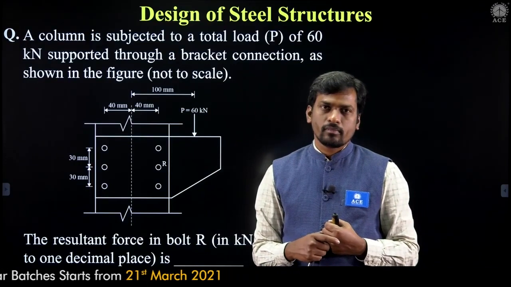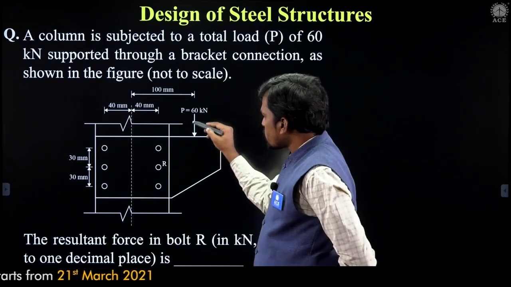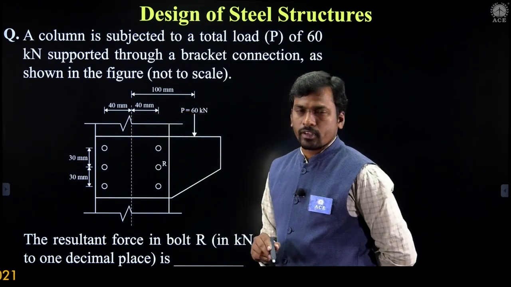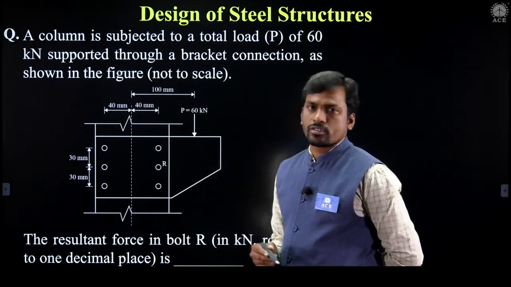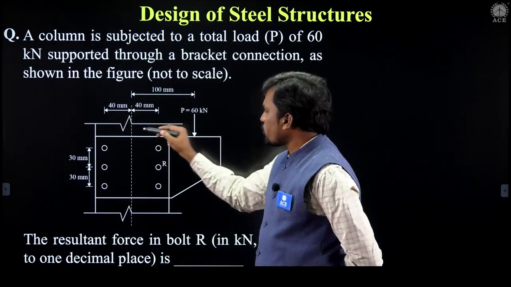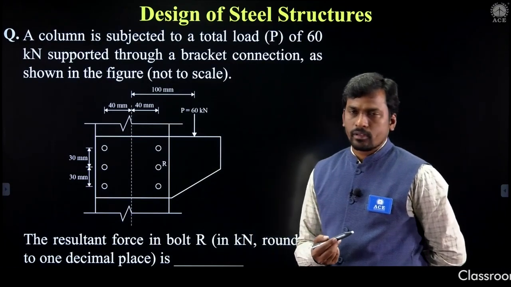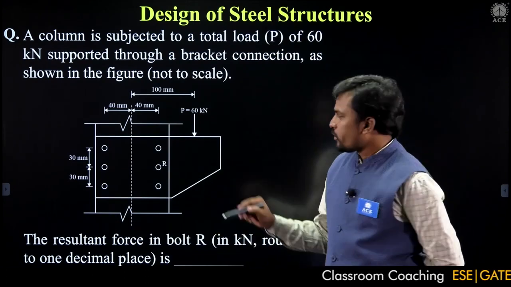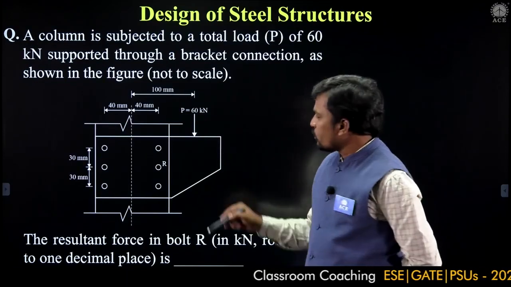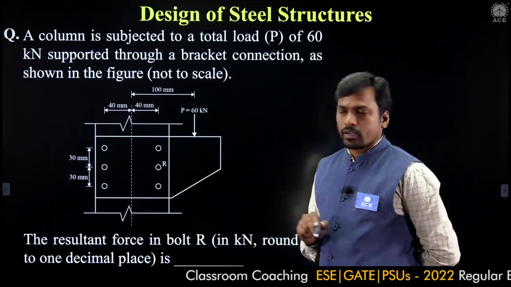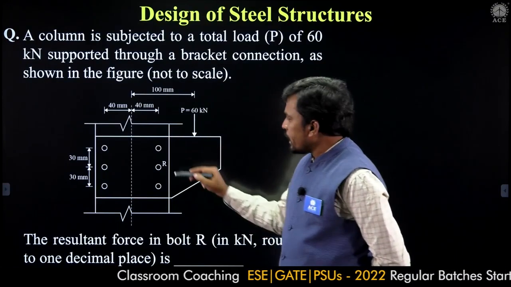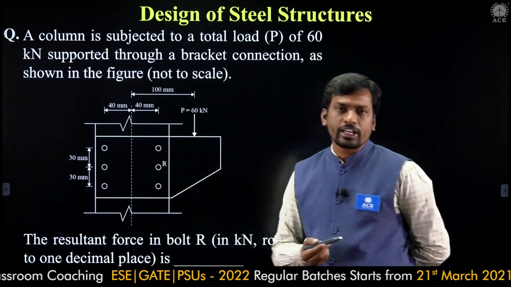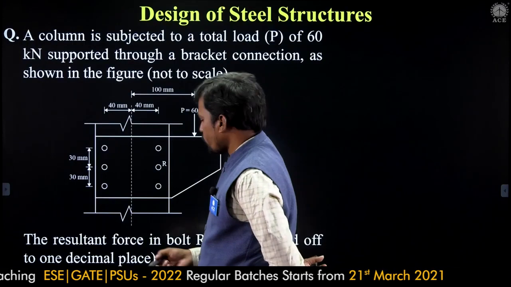This load P is directly transferred, so there is a shear force in the bolt due to direct load P. Next, due to this load the bracket will bend, and due to bending of this bracket, a twisting moment will develop in the bolted connection. So here there are two types of forces.